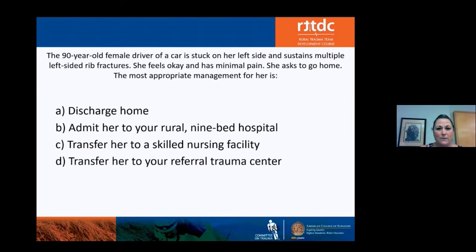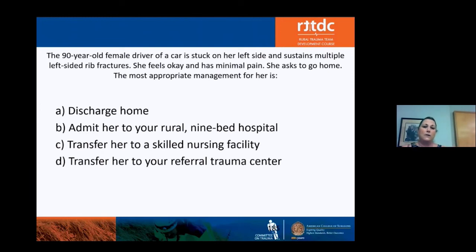Okay, we'll close that one out. So this one we had several different answers for. When we're looking at this geriatric patient, she's 90 years old. She has multiple left-sided rib fractures. She wants to go home, and that's going to be the biggest thing that most geriatric patients are going to say.